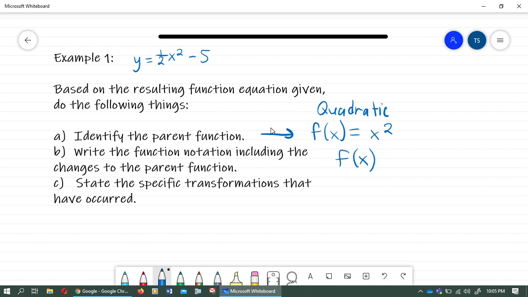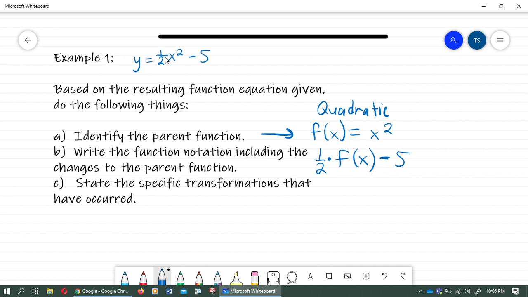The only thing inside the function is still just x. But on the outside of the function, it is being multiplied by 1/2. And again, on the outside also, we're subtracting 5. So this is part B here. All right, so that's the function notation.